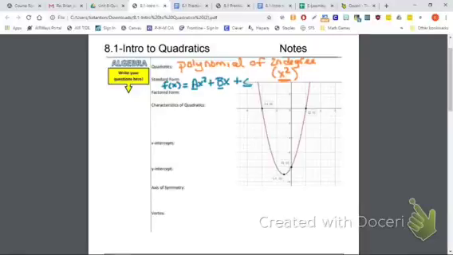With that, we went into factoring, and that took the form of parentheses, x plus a number times x plus another number.